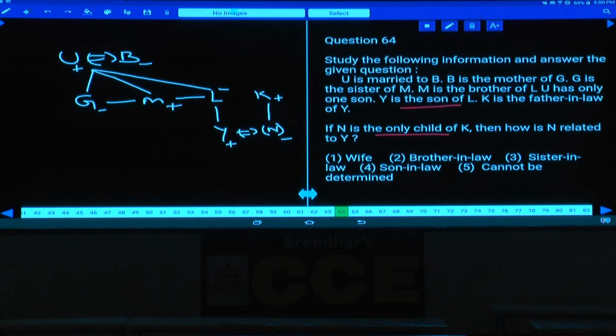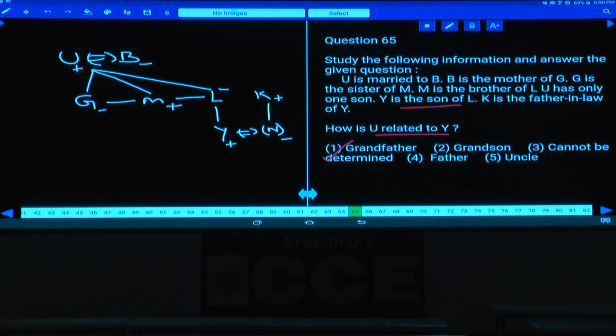So N is the wife of Y, that is choice 1. Clear? Then question number 65, how is U related to Y? Y's mother is L, and mother's father is grandfather, that is choice 1. Done with this? Now this was about question numbers 31 to 65 in paper number 93.